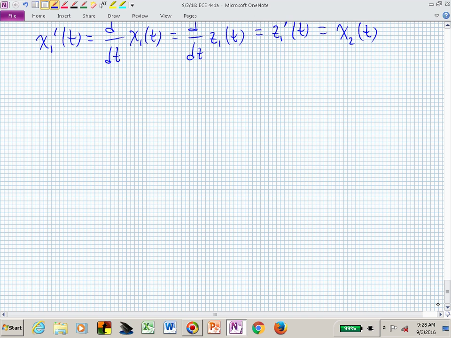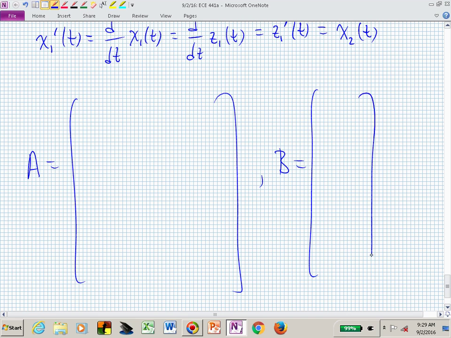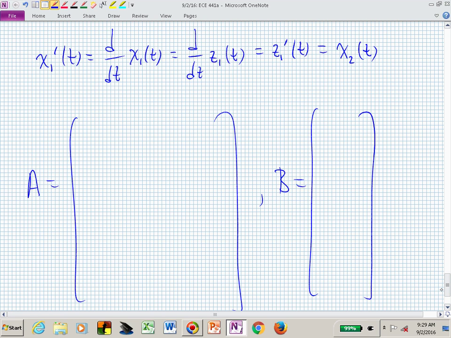Which means if we have this A matrix and the B matrix, what piece or pieces of A and B have we now found from that equation at the top of the screen?